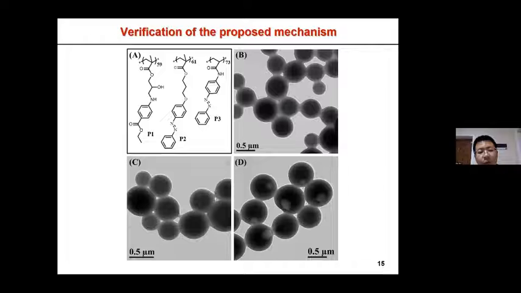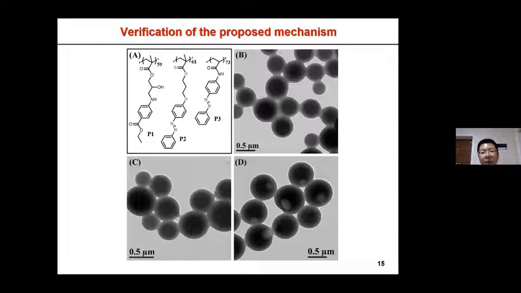In order to prove that our proposed mechanism can be extended to other polymers, we designed and synthesized 3 different polymers, P1, P2, and P3. During the self-assembly process, P1 can only provide hydrogen bonding interaction, P2 can provide pi-pi interaction, and P3 can provide both hydrogen bonding and pi-pi interaction.